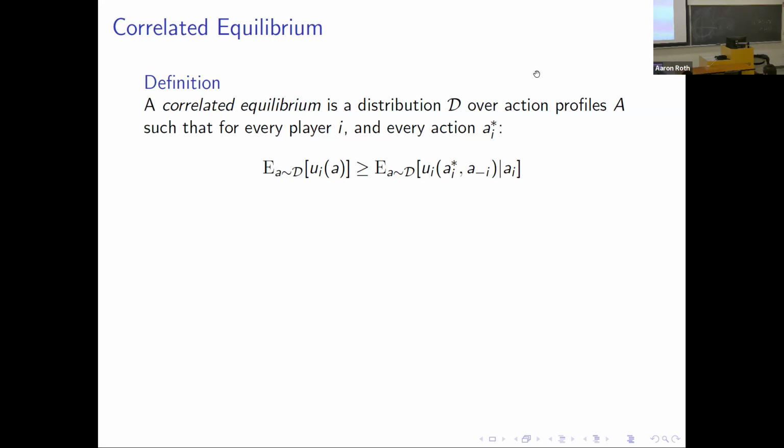But more generally, a correlating device could be thought of as just a distribution over action profiles. So there's a big bag full of action profiles, and what happens when we come up to the stoplight is someone pulls an action profile out of the bag and whispers into each of our ears the suggested action that corresponds to our coordinates in this action profile.